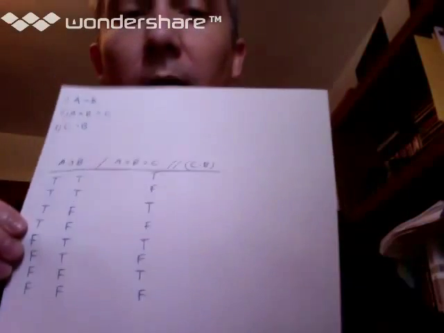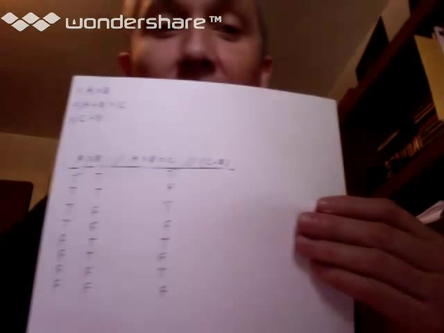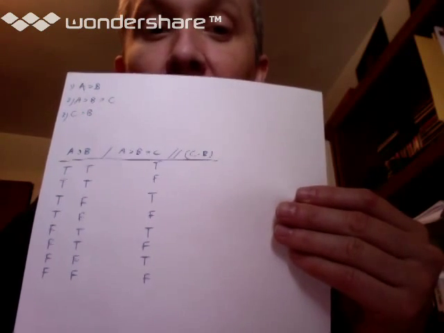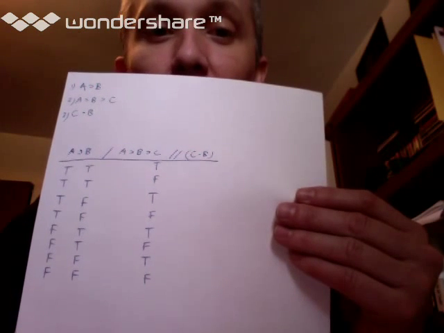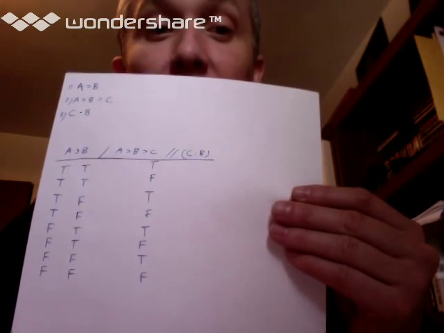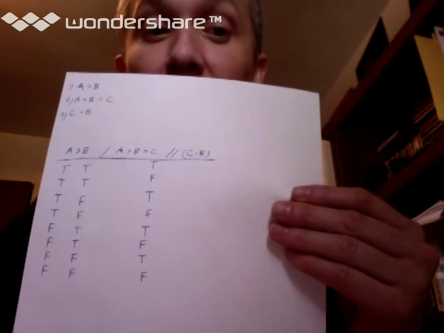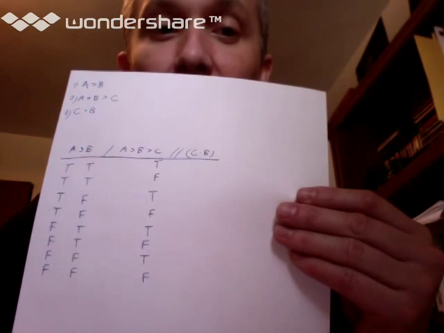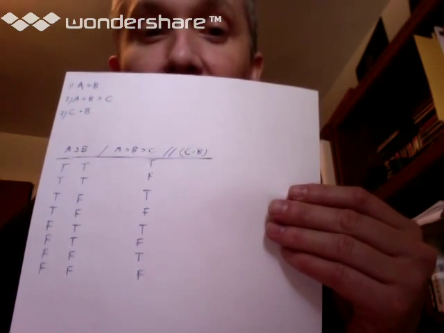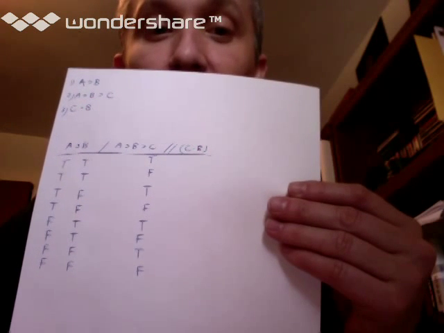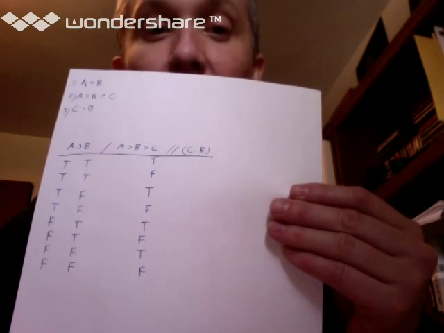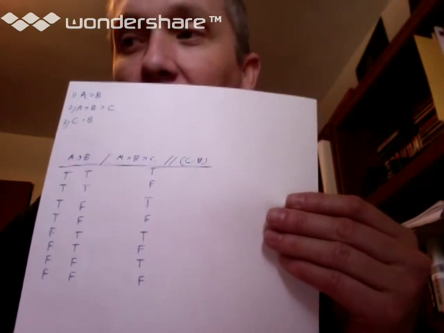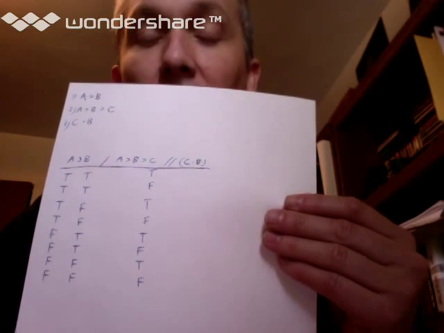Okay, so here they are. And what you'll notice is now we have 8 lines rather than 4 when we look at these possibilities. And there's always a pattern when we have 3 letters, right? And so the first letter is always T, T, T, T, F, F, F, F, all the way down. The second, you see there's T, T, F, F, T, T, F, F. And then the third, we have true, false, true, false, true, false, true, false, all the way down. And so that always works when you have 3 letters or 3 symbols.